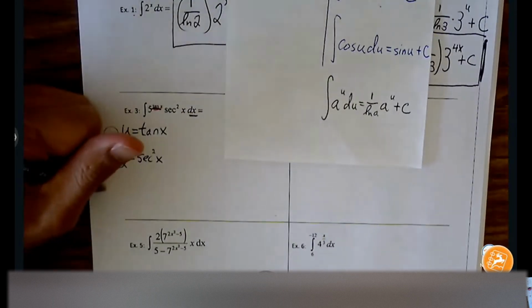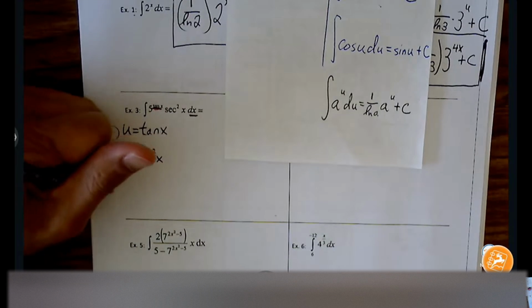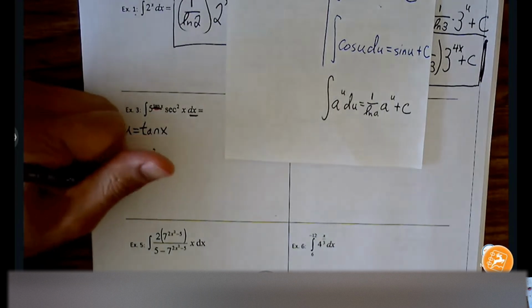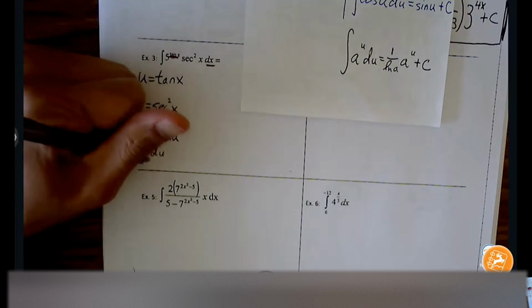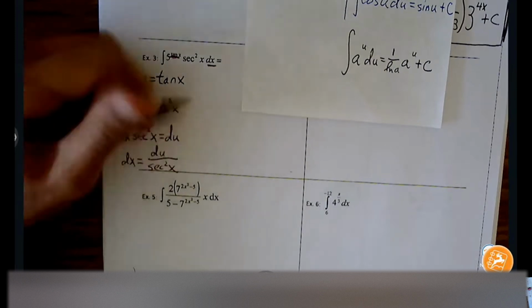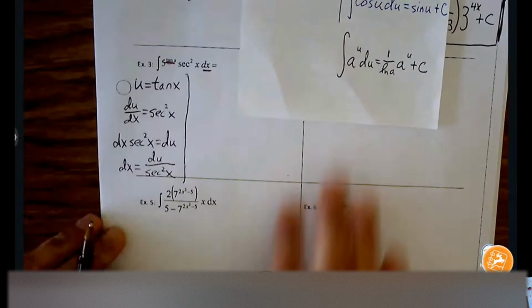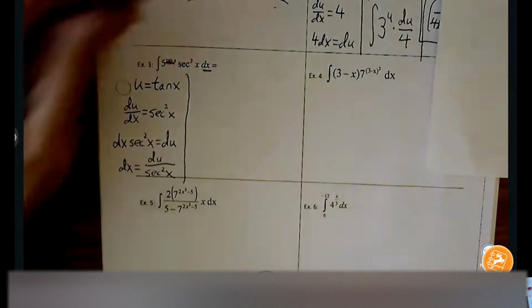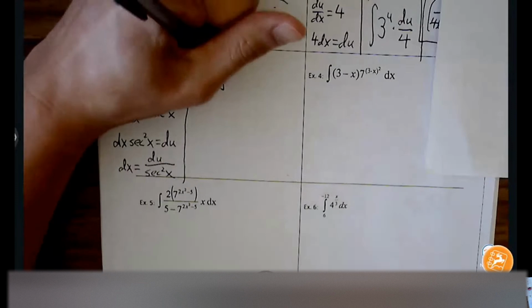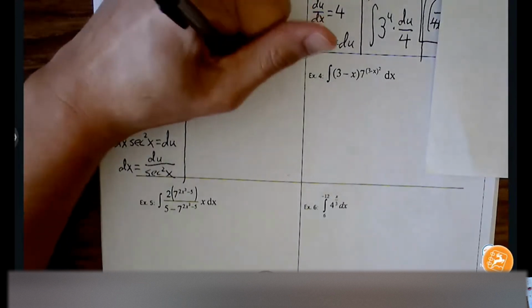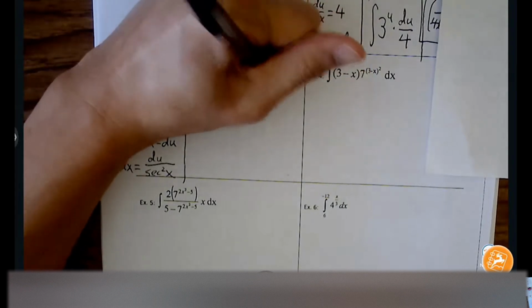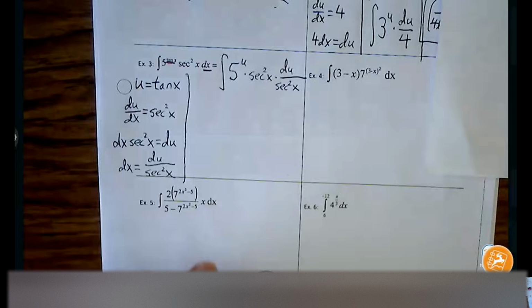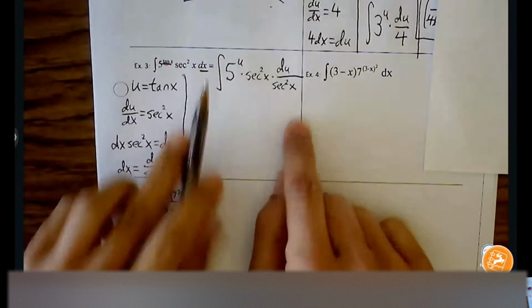Okay, cross multiply here. Okay. Replace the tangent, replace the dx.